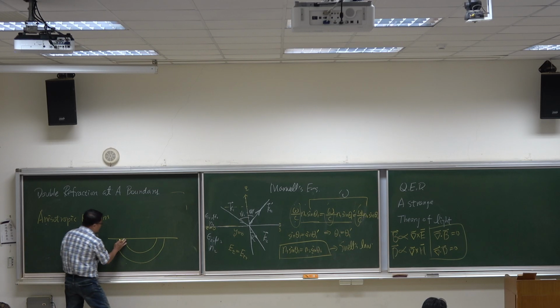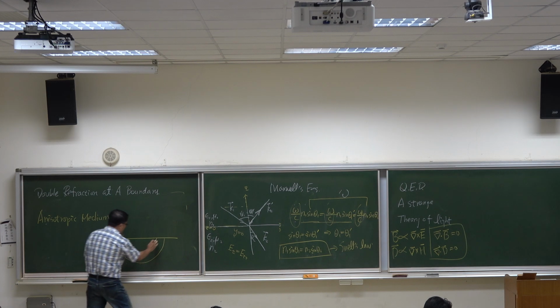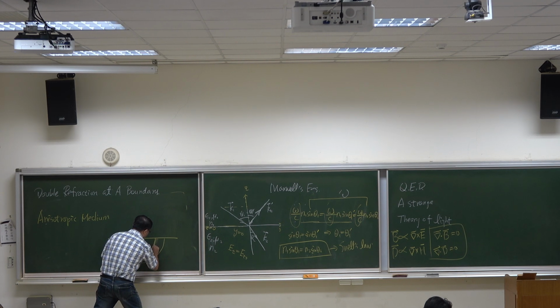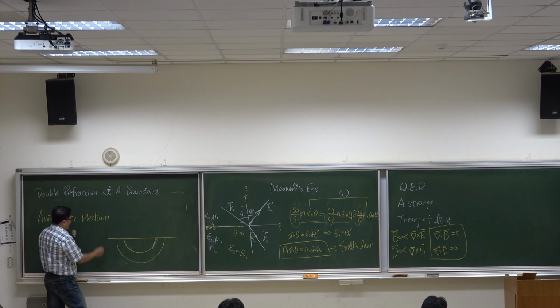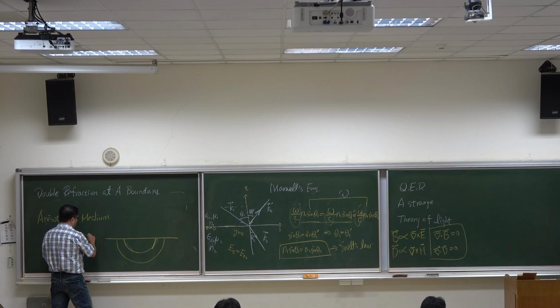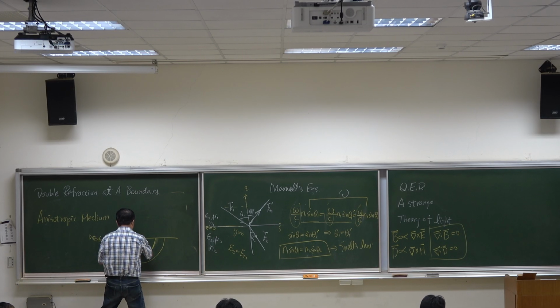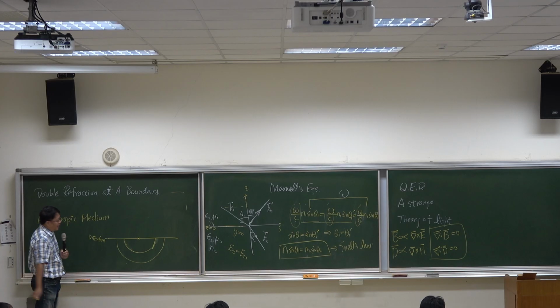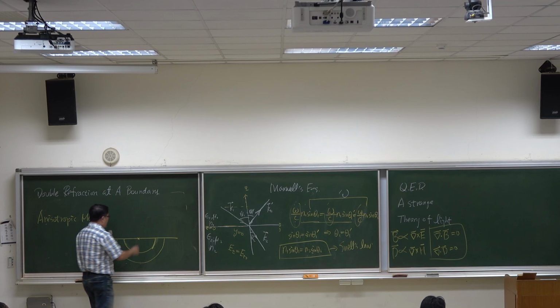Say they have the two shells. Okay. And here, this line indicates the interface. And here represents the origin of K vector. Okay.